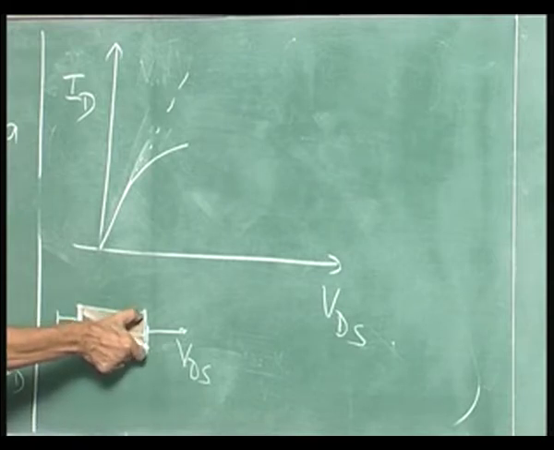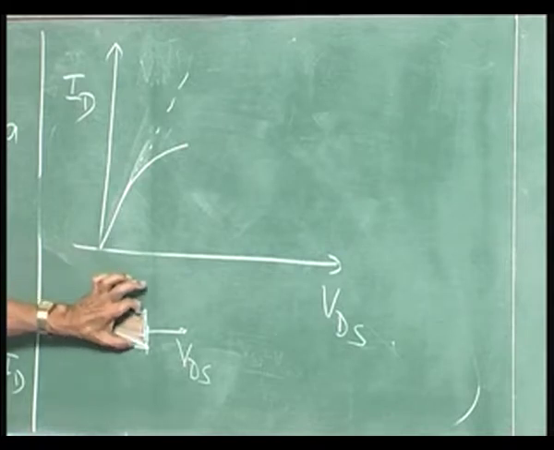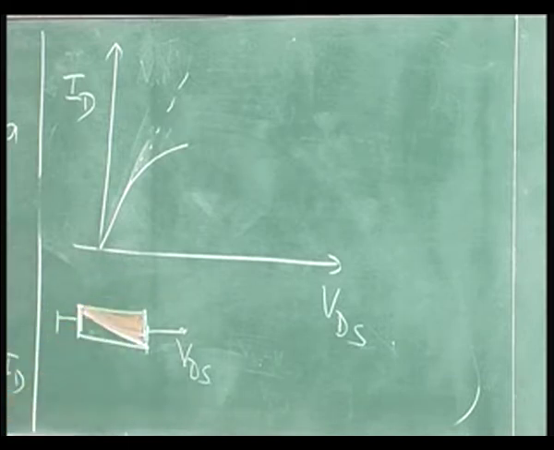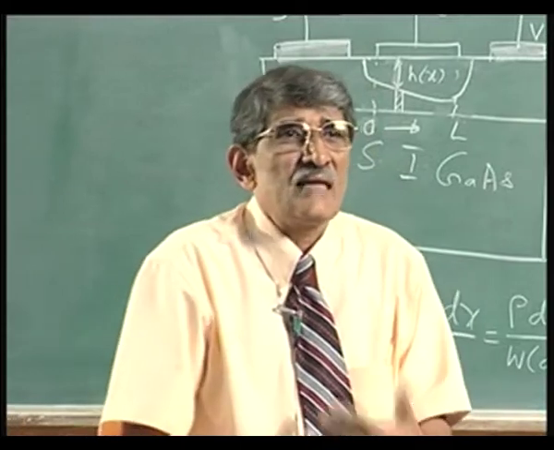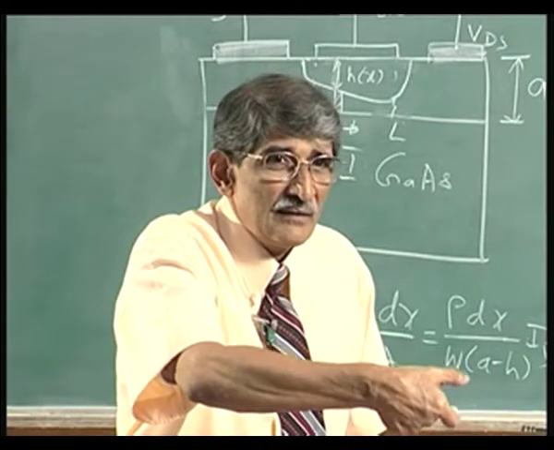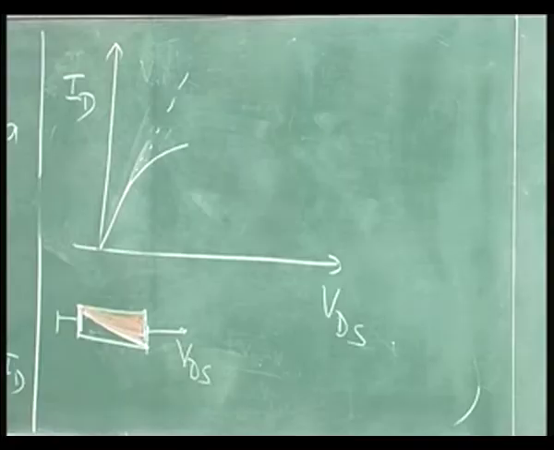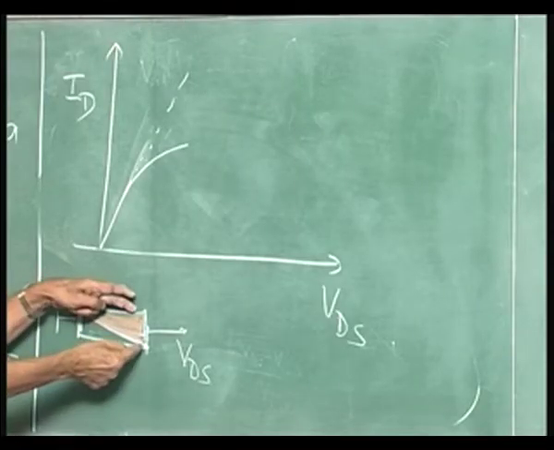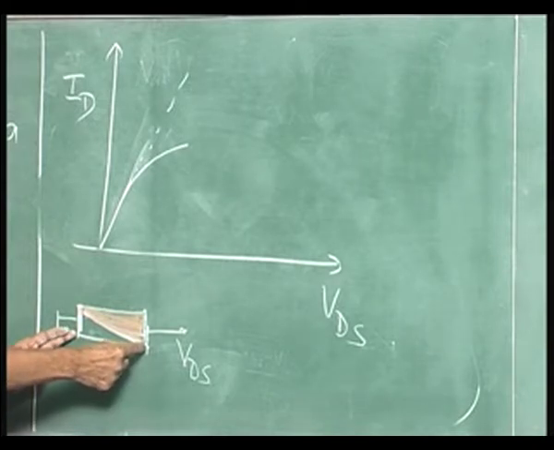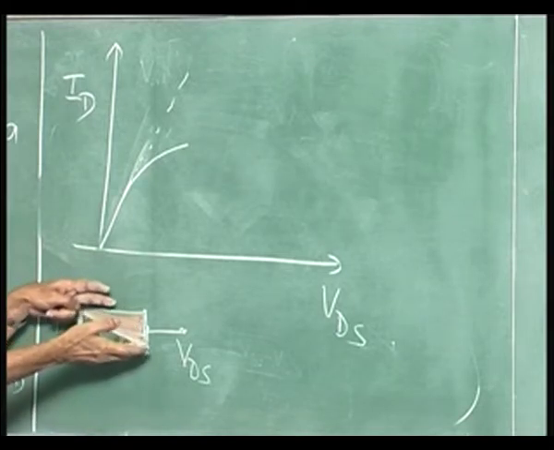So, the depletion layer width you can say is almost equal to A. What is the voltage across that? If the depletion layer width is A, it is pinched off at the drain. You say that the channel is pinched off. So, the voltage drop across the depletion layer when this happens is Vp 0, the pinch-off voltage. Now, this voltage cannot change beyond that point, because if it falls, it will collapse and open up, but it has reached an equilibrium situation where that is held constant.